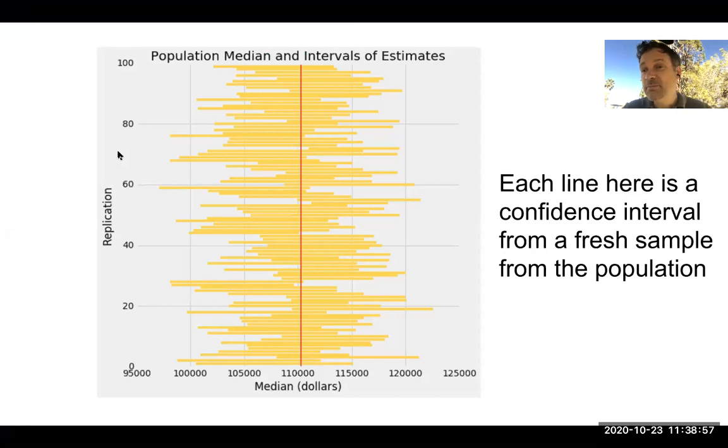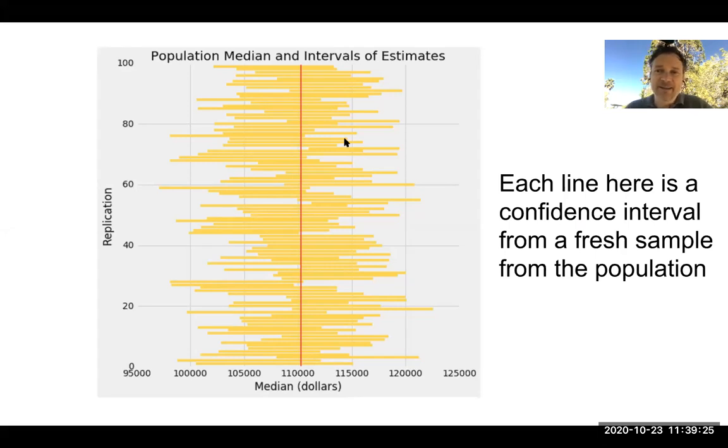Okay. So you could imagine doing this many, many times. You could imagine saying, let's imagine repeating this experiment many times. Just hypothetically, we're going to simulate it. We're going to imagine 100 parallel universes where there's 100 different samples, and each data scientist in each universe is getting an estimate, and they're getting a confidence interval.